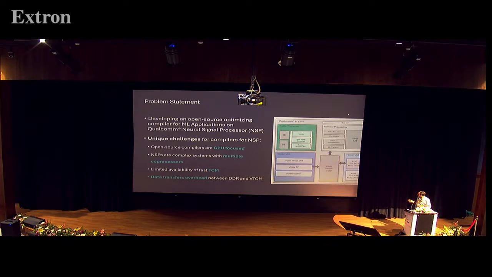Now these components are all dependent on the VTCM, on how efficiently you use VTCM. This is a shared memory between the vector unit and the tensor unit. If you use it efficiently, then yes, you are doing a very good job. If you are not doing it, then there is a problem. Your power efficiency goes away. So this is one of the problems we are looking to solve when we are trying to develop this compiler for ML applications on NSP.